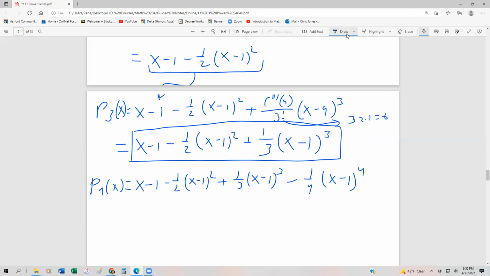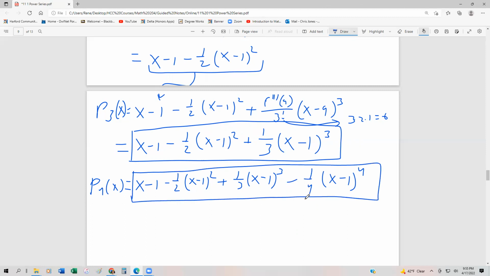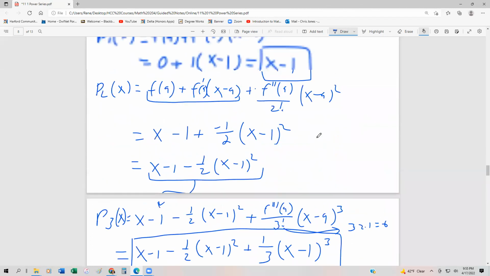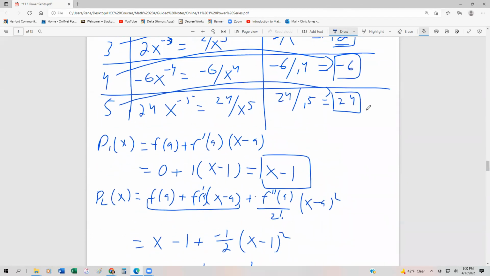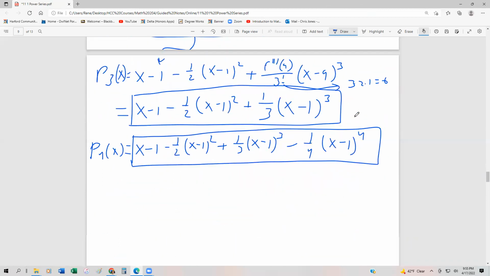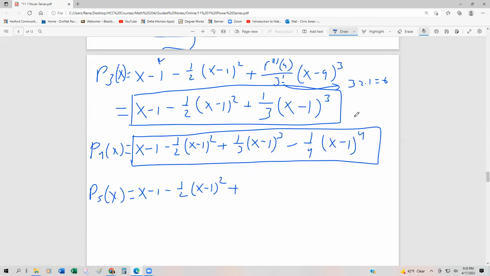And then finally, we can get to P5, which is going to be the exact same thing we just got, except now we take the fifth derivative and divide it by 5 factorial. Remember, the fifth derivative is positive 24. So P sub 5 of x is going to be x minus 1 minus 1 half x minus 1 squared plus a third x minus 1 cubed minus a quarter x minus 1 to the fourth plus 24 over 5 factorial times x minus 1 to the fifth.